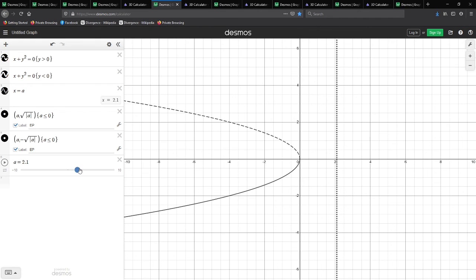And then for positive values of lambda, there's actually no critical values. So this bifurcation diagram is telling us a lot.